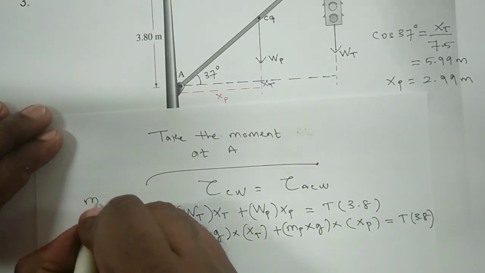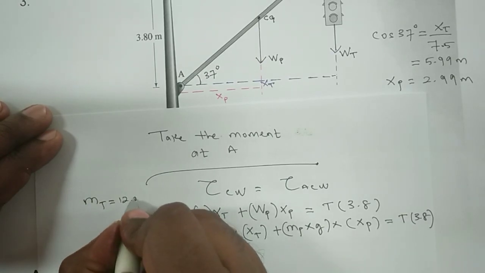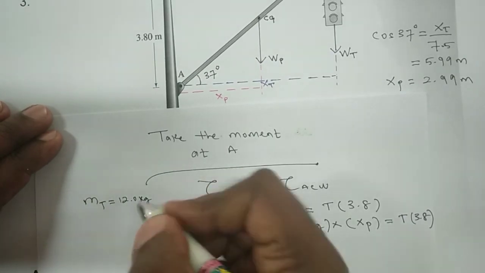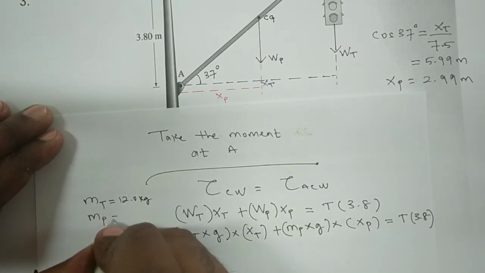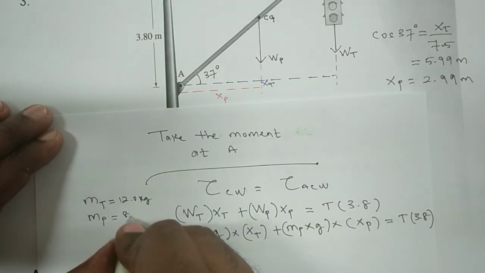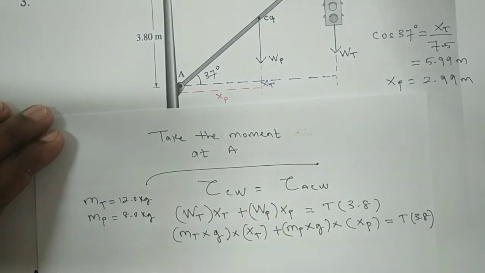Mass of traffic is 12.0 kilogram. It is a given value. Mass of pole is 8.0 kilogram, also a given value in the question.